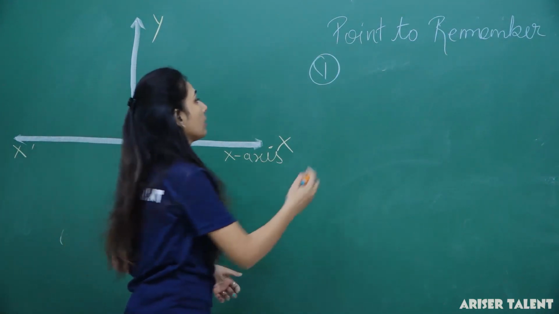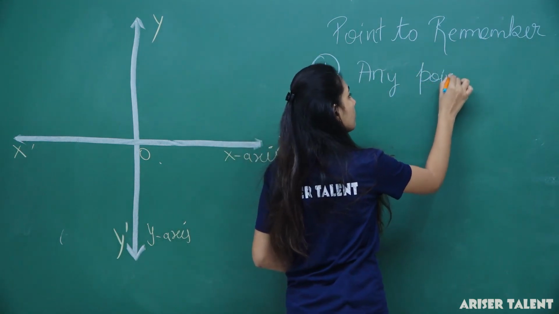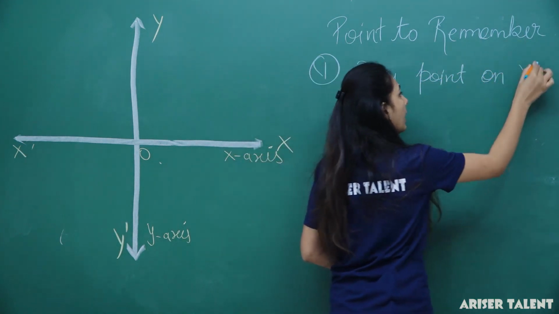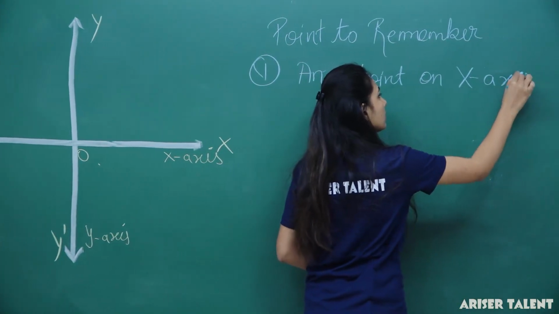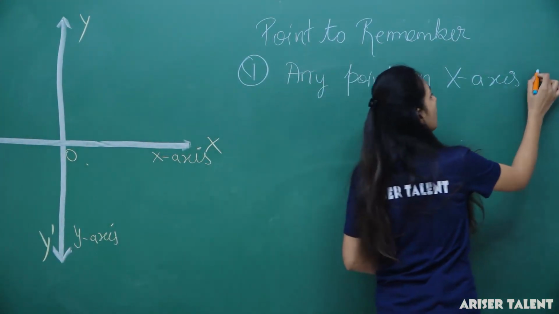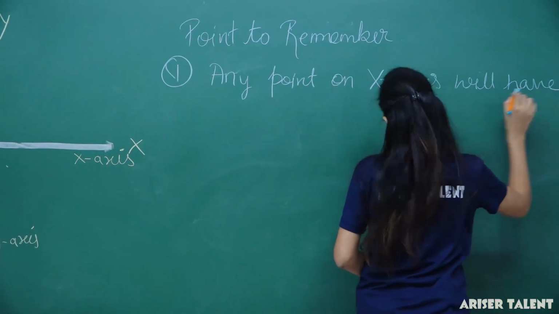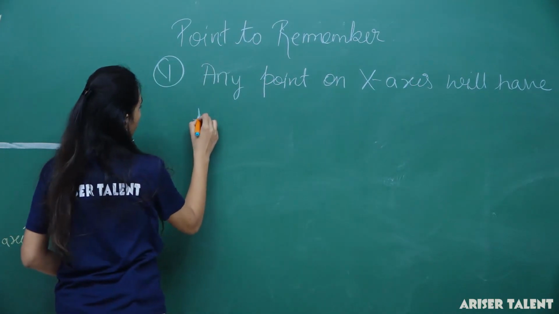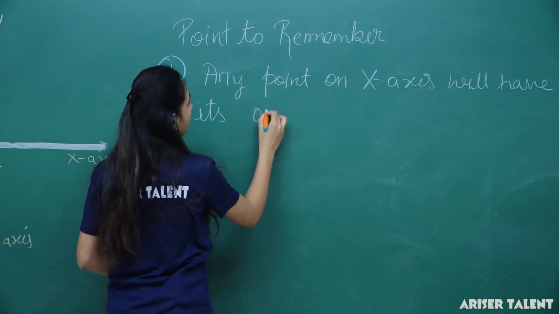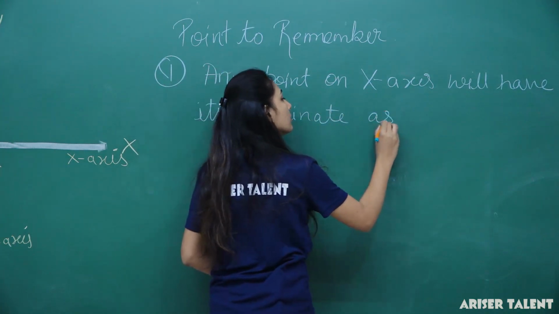Point number 1: any point on the x-axis will have its ordinate as 0.